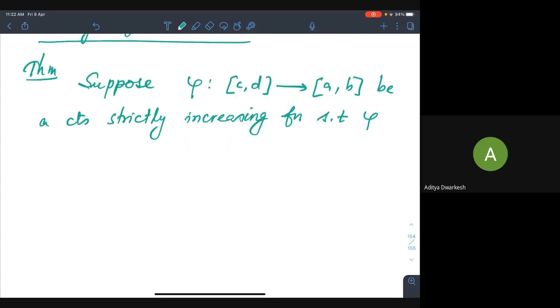Okay. So suppose phi is a continuous strictly increasing function such that phi is differentiable on the open interval (c,d).